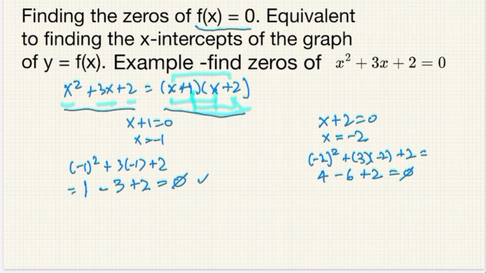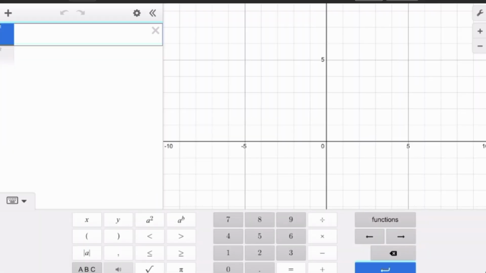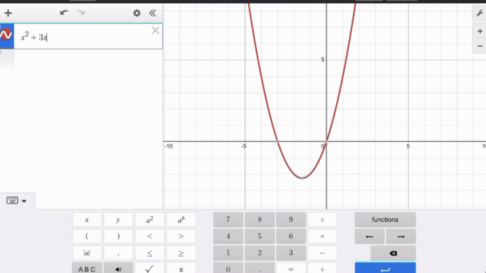Now let's do this graphically. I'm using the Desmos graphing calculator, and you get on the graphing function. Now I'm simply going to enter the function and plot it. So it's going to be x squared, that's our first term, and then plus 3x plus 2.